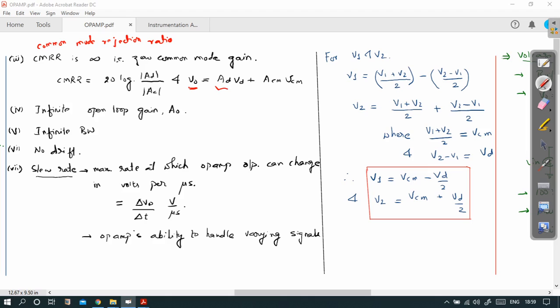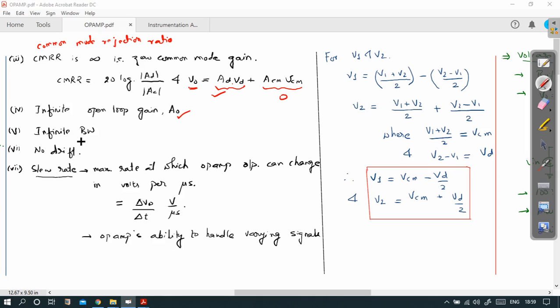This term gives us the amplification of the difference signal multiplied by its amplification factor, plus the common signal multiplied by its common amplification factor, right? And we want this term to be 0 for an ideal case, so that we are only left with the term AD dot VD.